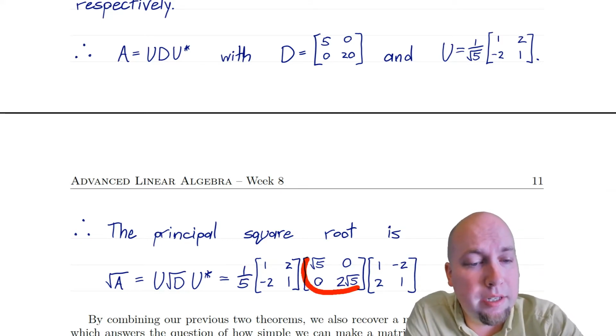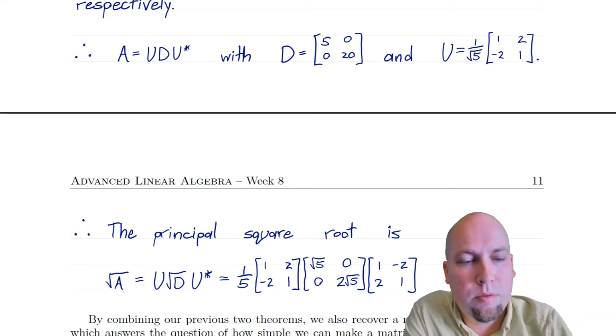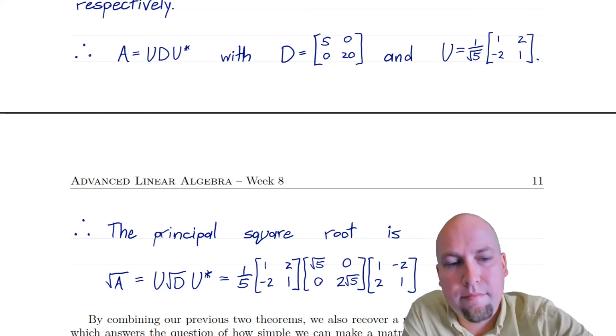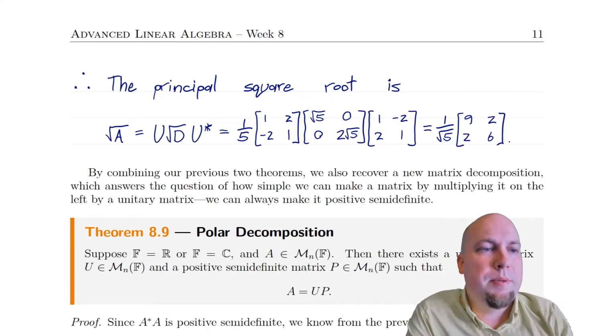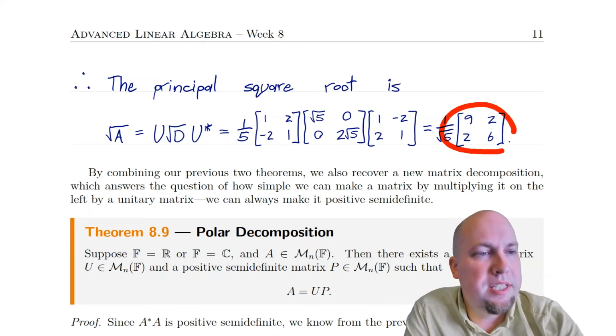In the middle, I'm taking the square root of the entries in D: root 5 at the top left, and root 20 at the bottom right, which is the same as 2 root 5. Then you multiply everything together, and you get 1 over root 5 times the resulting matrix.